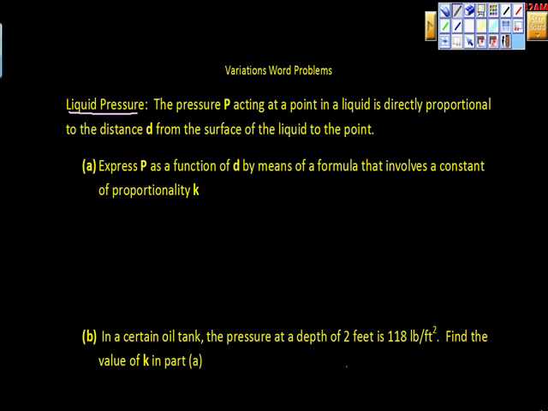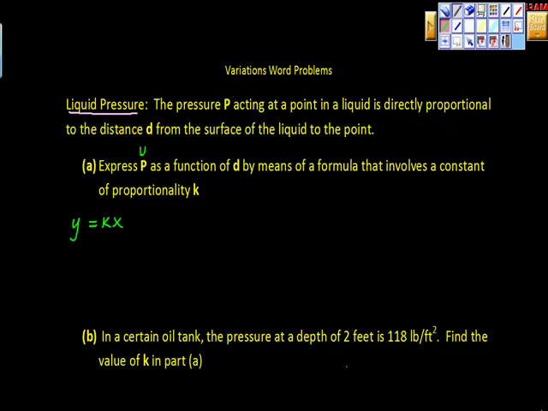Part A asks us to express P as a function of d by means of a formula that involves a constant of proportionality k. Some of you, when we talked in class today, went right to it, but I always want to remind myself what a direct variation looks like in general, and that the value before the word proportional is the y value.